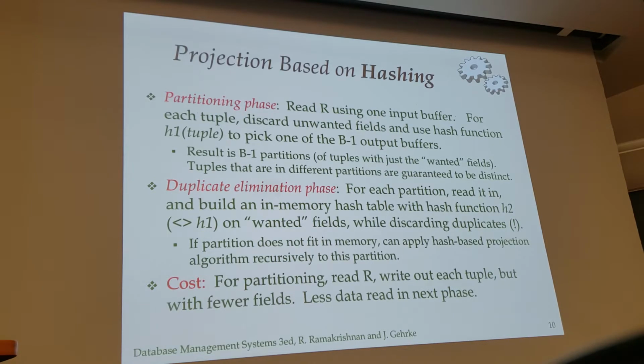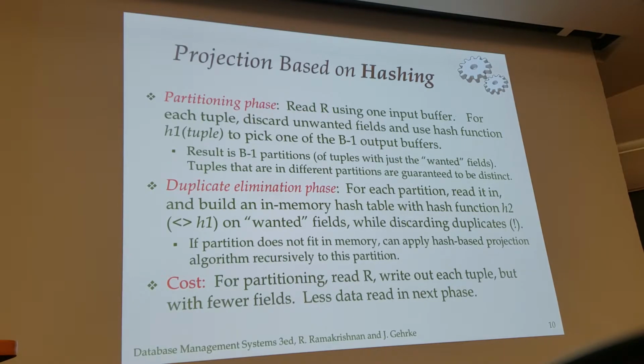So we pick a different universal hash function, H2, which again is only working on the fields that we care about. We don't have to bother dealing with the other fields. We've gotten rid of them, they're irrelevant. And we do the same kind of thing again. And we can do this recursively whatever number of times, picking different hash functions each time.